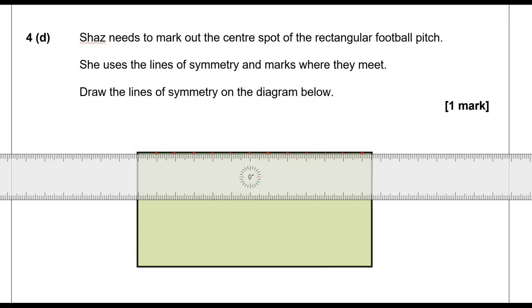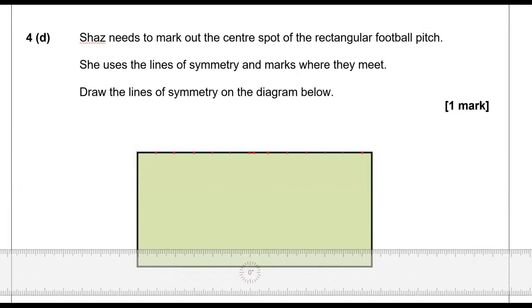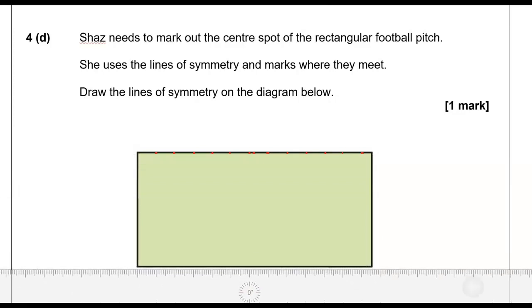So 3, 4, 5, 6 1/4. So that should be the point. And the same thing on the other side. 1, 2, 3, 4, 5, 6 1/4.